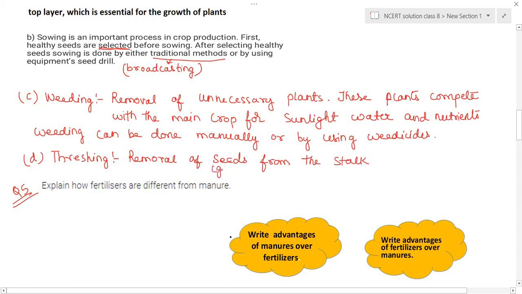Here seed is grains, actually the grains which are seeds or grains, removal of grains from the stalk is called threshing.